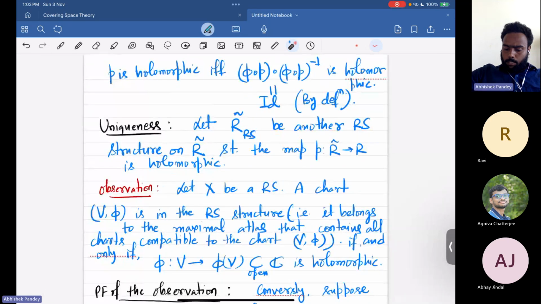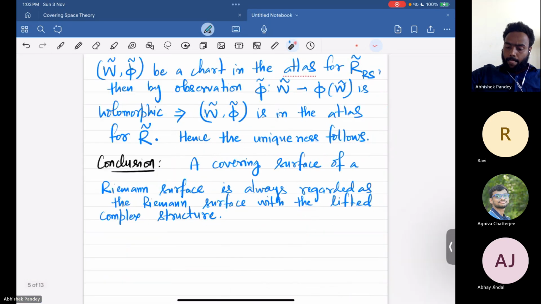Here this chart is in the Riemann surface structure of basically X, so this should be holomorphic. Here this chart is in the atlas for this Riemann surface structure. By this one, we can say that this is holomorphic with respect to the new chart, the atlas in this one.